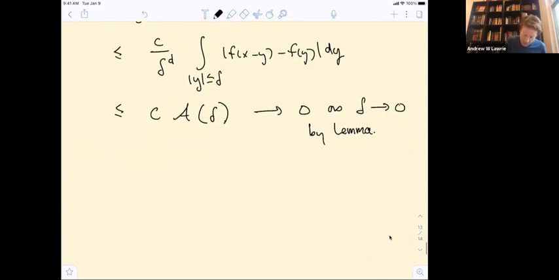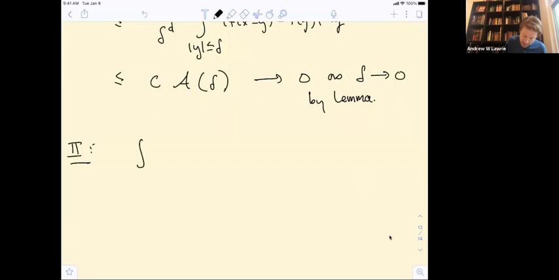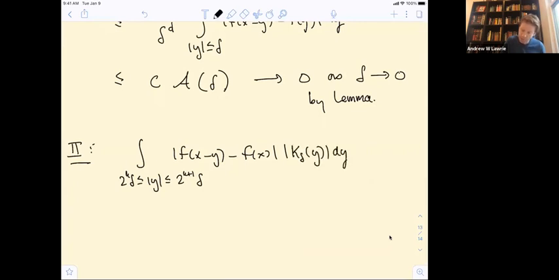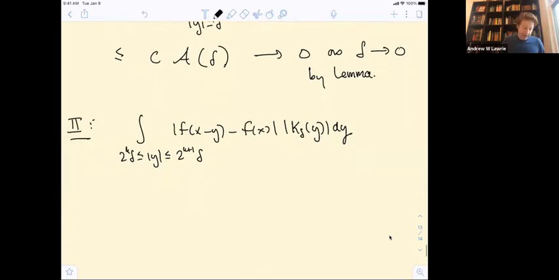Okay, for 2, it is broken up into pieces. So on each of these pieces, 2 to the k delta less than or equal to y less than or equal to 2 to the k plus 1 delta, times the absolute value of k delta of y, dy. I now use the bound 3 prime for k.